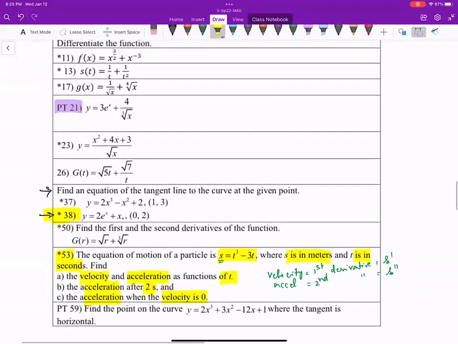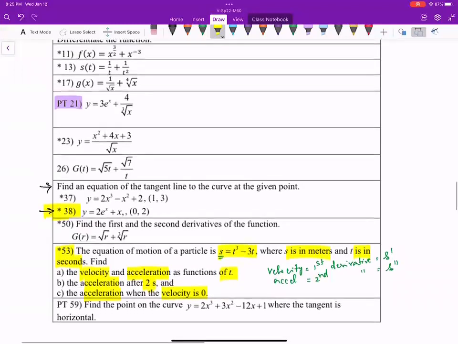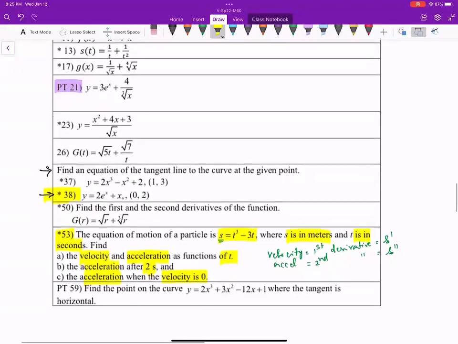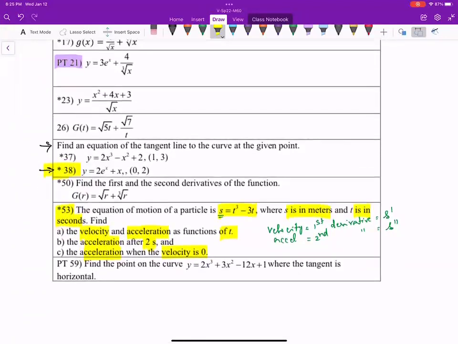So try all these suggested problems from the exercise as much as you can. Many of them are in the homework already. And there are some problems that are done in this concept video. There are some more that you will see in the practice exam videos as well.